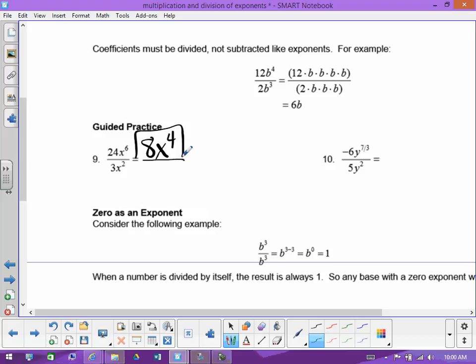But over here on 10, negative 6 over 5. Can you reduce that without a fraction, without a decimal? No, so we're going to leave it: negative 6 on top, 5 on bottom. Now look at your letter part. We have 7/3 minus 2.